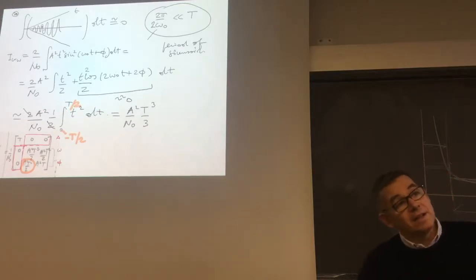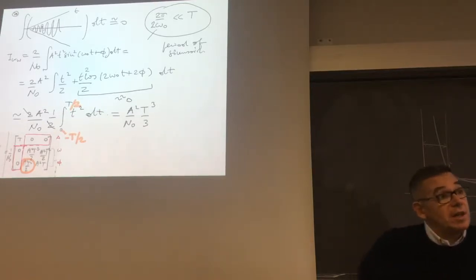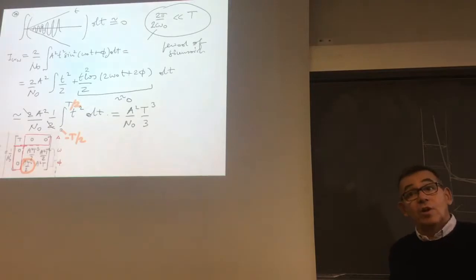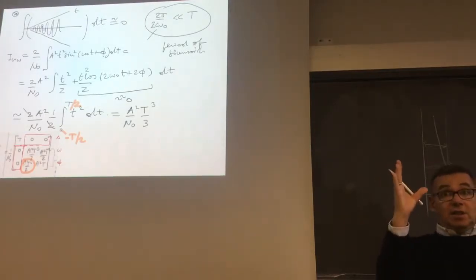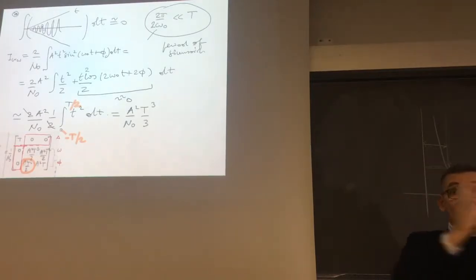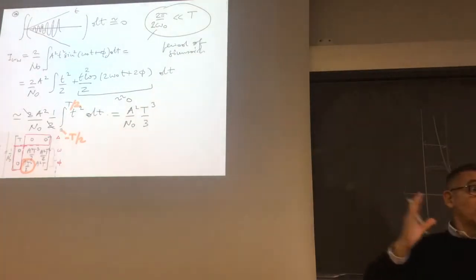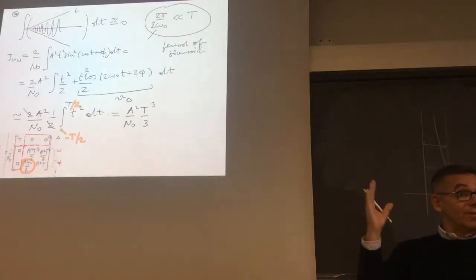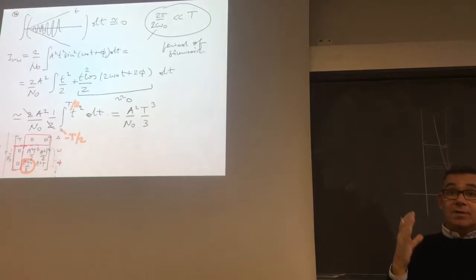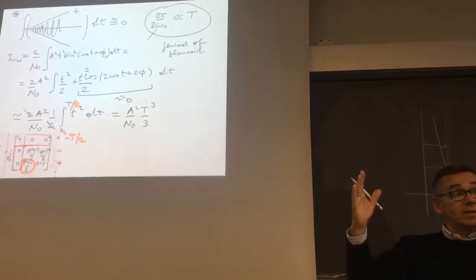That means that what I'm doing is similar to what I did before. Rather than considering the interval between 0 and capital T, or 0 and N if discrete time, I consider between minus capital T half and capital T half.